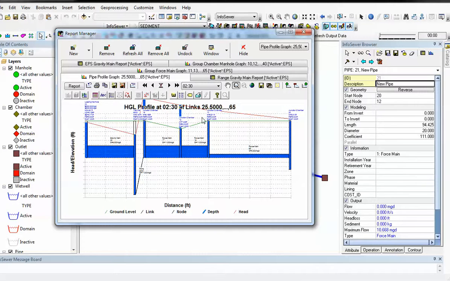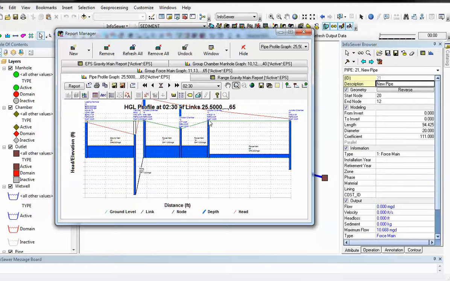And if you notice it's going off the screen, it means that Infosewer is a master planning model, and it pushes as much water as possible through the system. So there's no overflow occurring at the nodes as would be in InfoSWMM or InfoWorks ICM.